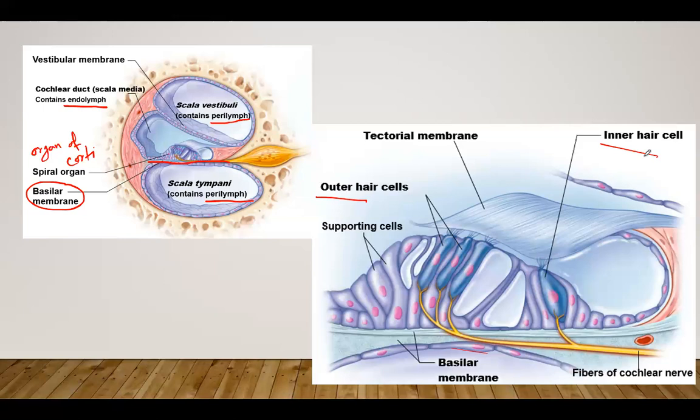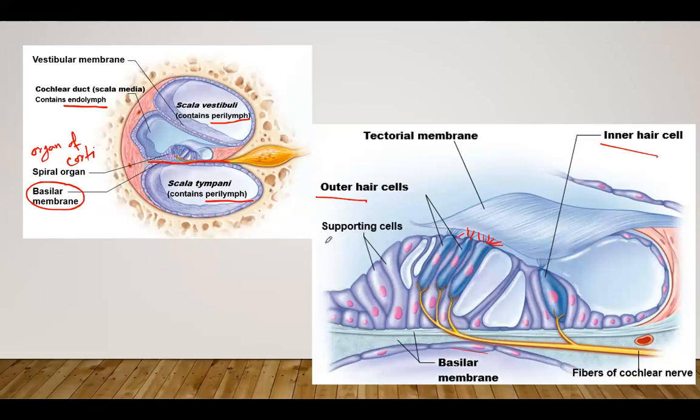Now here's a crucial point that you do need to know. On top of your hair cells, you can see your stereocilia sitting in there. These little tiny things are your stereocilia. They are sitting on a very firm membrane called the tectorial membrane.